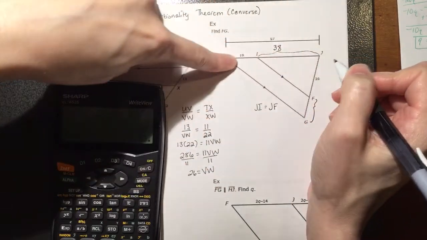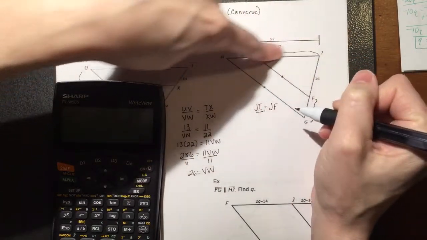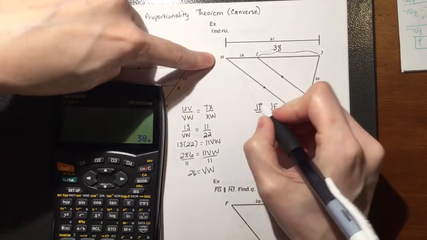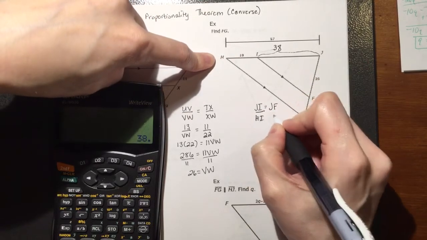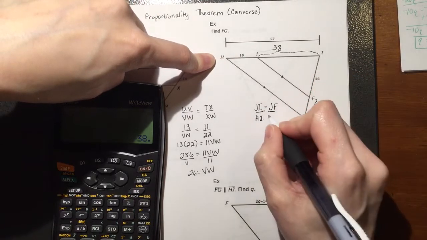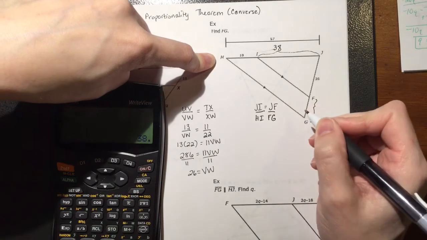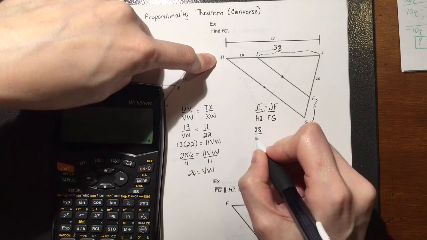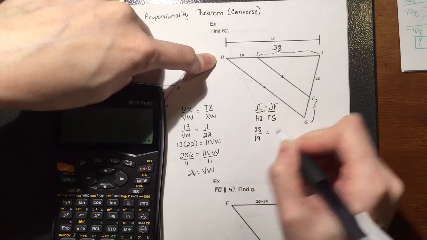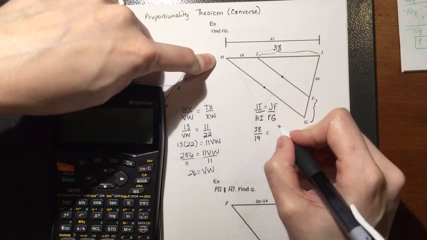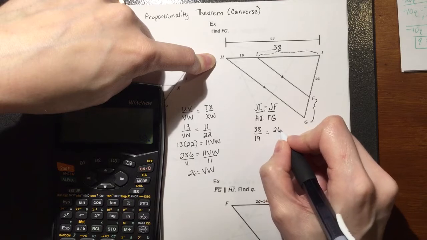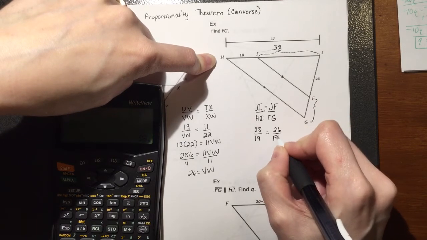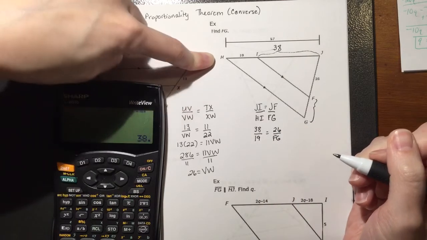We started here with this line, so that needs to stay over on the left with the other parts of it. JI has a value of 38 over HI, which is 19, is going to be equal to JF, which is 26, over FG, which we don't know, so we'll leave it FG.